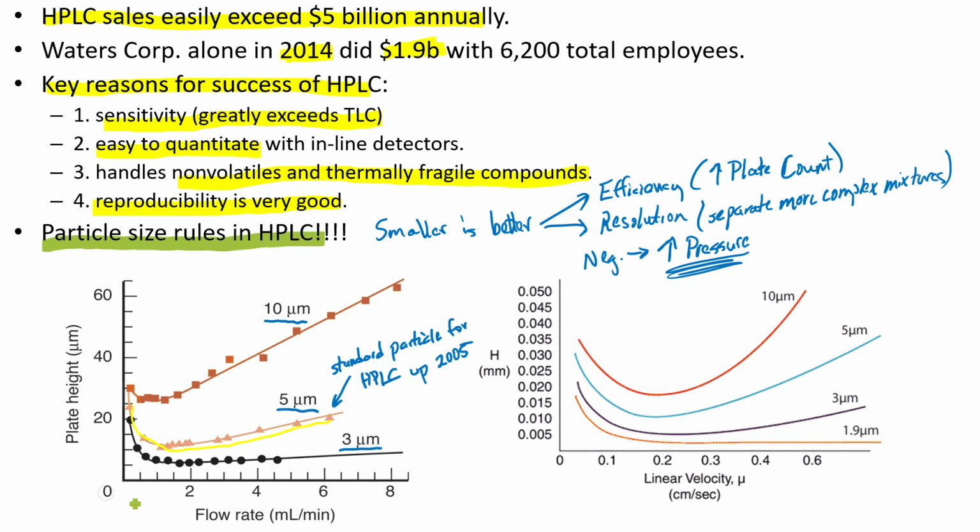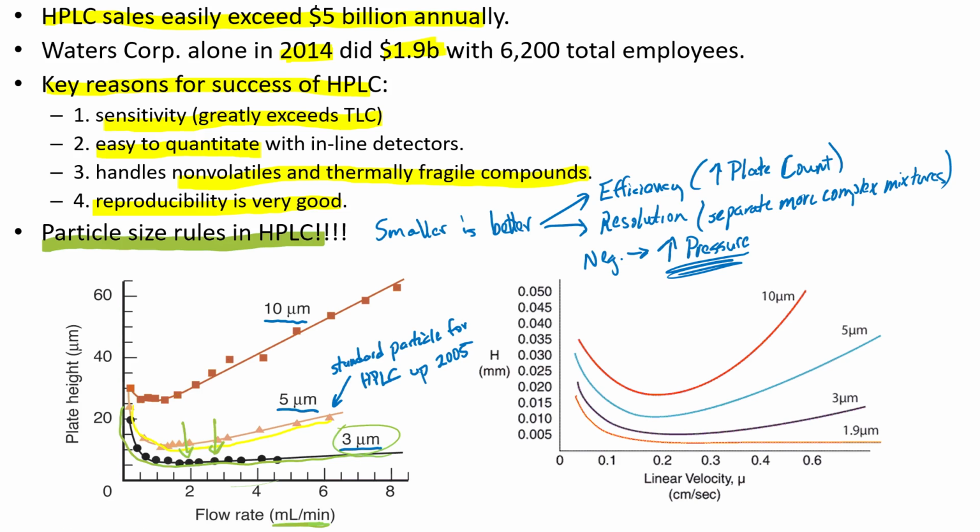And when we drop it down to 3, now our Van Deemter plot flattens out even more. And again, the smaller we are down here, the better. Secondly, this curve's almost going flat. So that means we can run at whatever flow rate, we can get away with the pressure in terms of the velocity, mils per minute or centimeters per second.